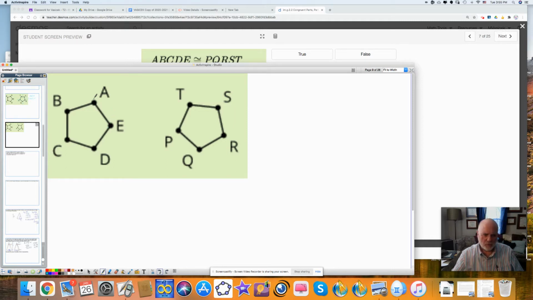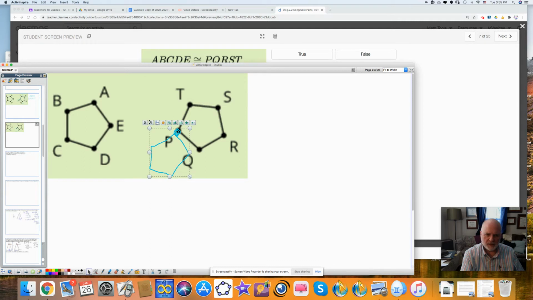I'll start off with points A, B, C, D, E. Here I have this figure, and I'm going to translate it using my move tool. If I translate this figure and move point A down to point P, because A, B, C, D, E is supposed to match up with P, Q, R, S, T.